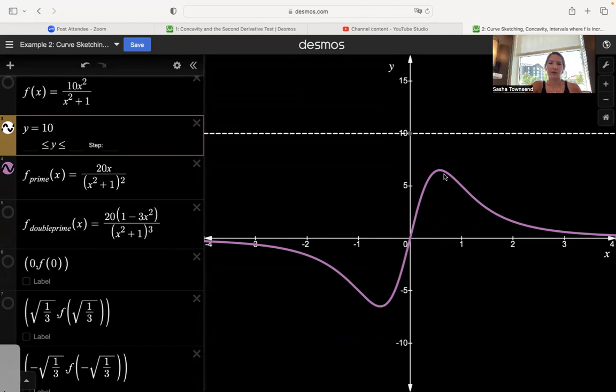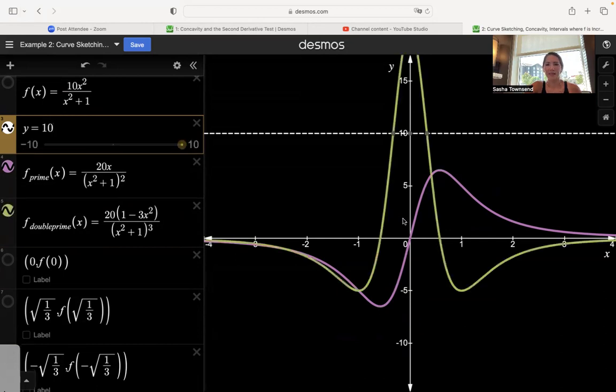So we would expect the derivative of the first derivative, the second derivative, to be 0 at this x value and this x value. And the derivative is 0 there. F prime is increasing from that point to that point, and the second derivative is positive on that interval.